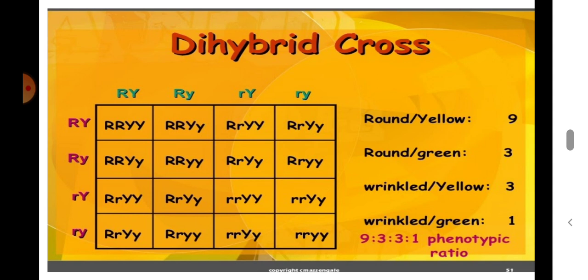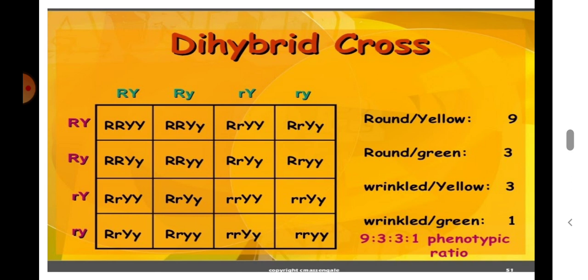So 9 are round yellow, 3 of them are round green, 3 of them are wrinkled yellow, and 1 is wrinkled green. So the phenotypic ratio of the dihybrid cross is 9:3:3:1. How do we get this?